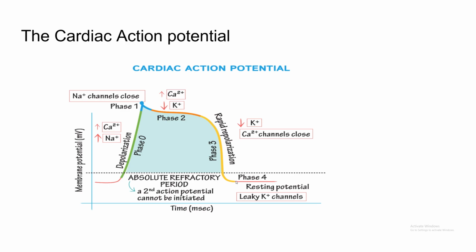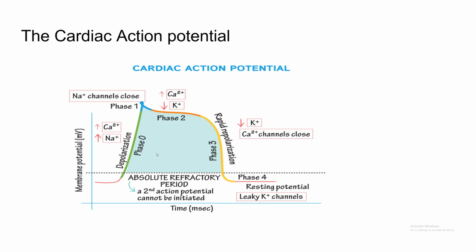It's going to hyperpolarize, shooting under the resting membrane potential and becoming a little bit more negative than it is at rest. Eventually, it's going to reach its resting membrane potential, and it's going to stay there until it's depolarized again.